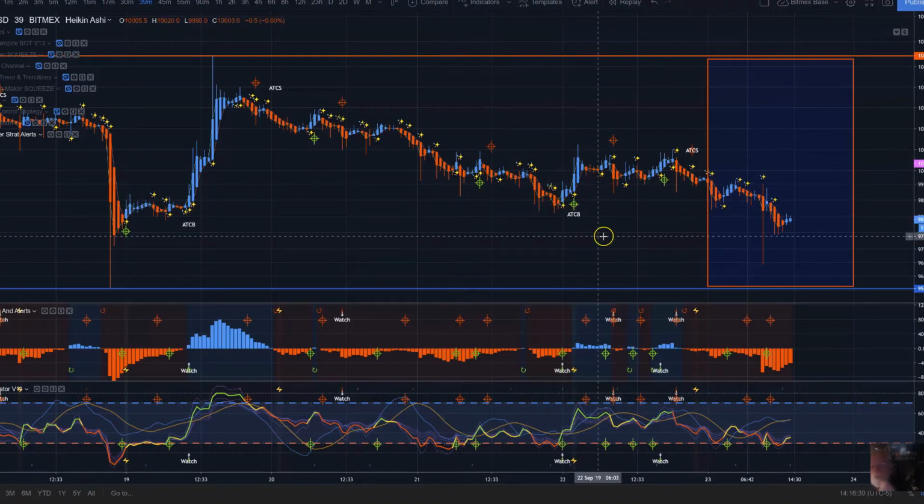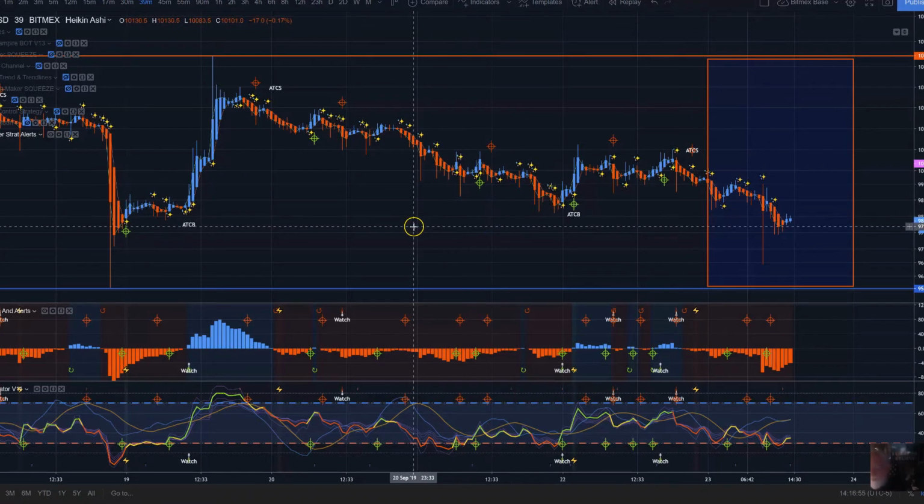If I was brand new and I started here and I caught this little pump, well, I'd be pretty upset because right here I'd be a little bit upside down. But then I would have come back up here. I would have broken even, made a little bit. I'd lost a little bit here, and she would have flipped, and then I'd been back in profit on the way down.